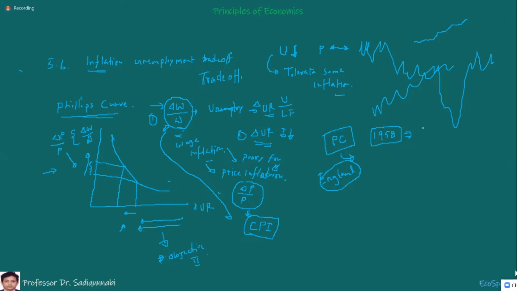Suppose an economist from the USA tries to justify the Phillips curve relationship. He takes the data of wage inflation and the data of unemployment rate and tries to connect them. In this way, he justified that the Phillips curve holds in the USA, as well as in Germany, France, South Asian countries, or something like that.